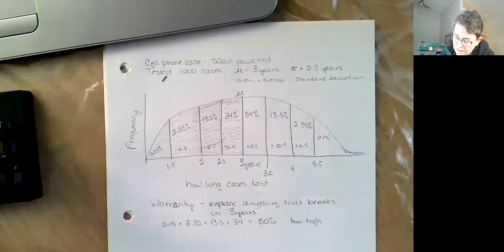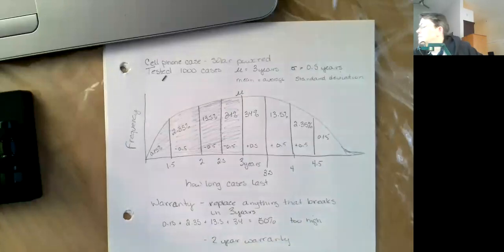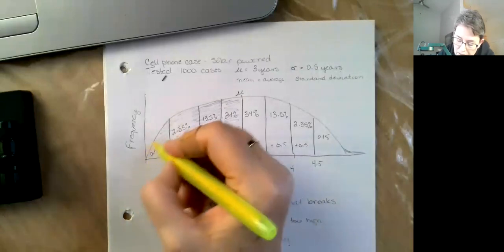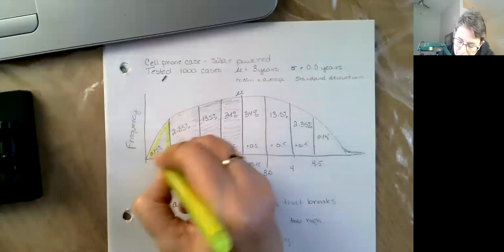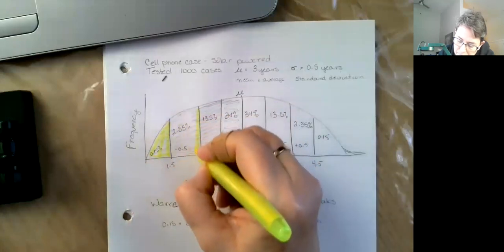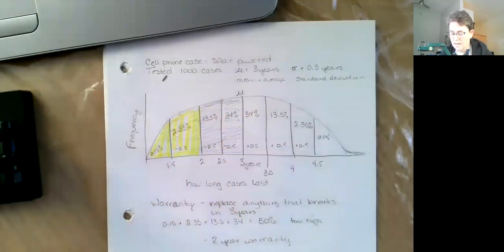Well, what if I change it? How about just 2 years? How about a 2-year warranty? All right, well, I like using my highlighters. That means I'm going to replace anything that's less than 2 years.